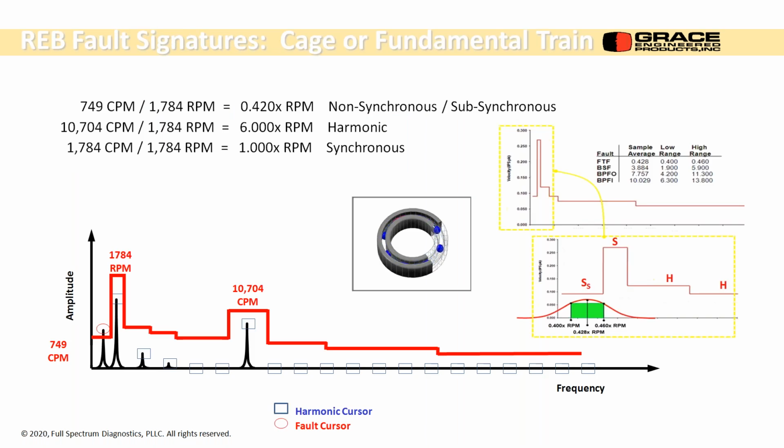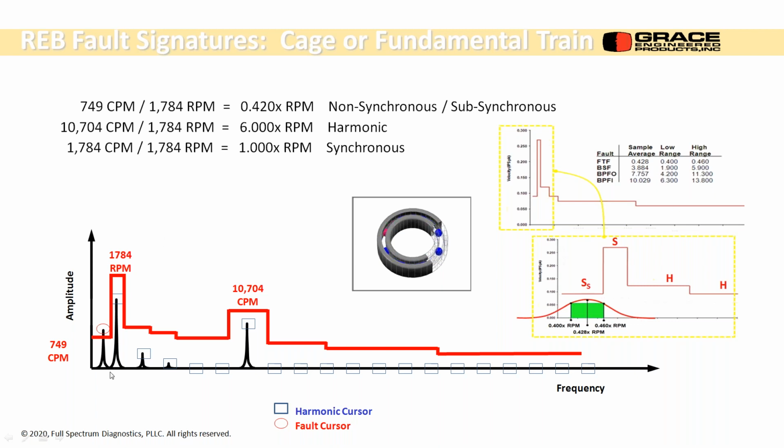Cage or fundamental train frequency always occurs sub-synchronous. I have statistics here from 18,000 rolling element bearings. The average cage frequency is 0.428, ranging from 0.4 times running speed to 0.46. There's a little bell curve under there, and this is where it shows up. It's below running speed, a little less than half of running speed.